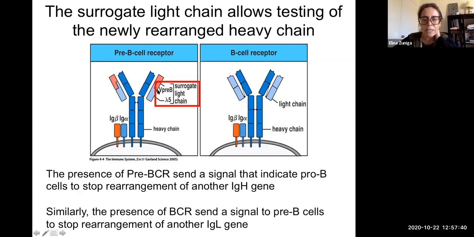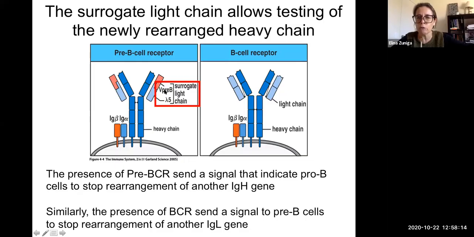And this surrogate light chain is constituted by two proteins, the VpreB, that is a polypeptide that mimics the variable region of the light chain of the true BCR, and another polypeptide that is called lambda 5 that mimics the constant region of the light chain of the true BCR. And so these polypeptides are generated from germline encoded genes.